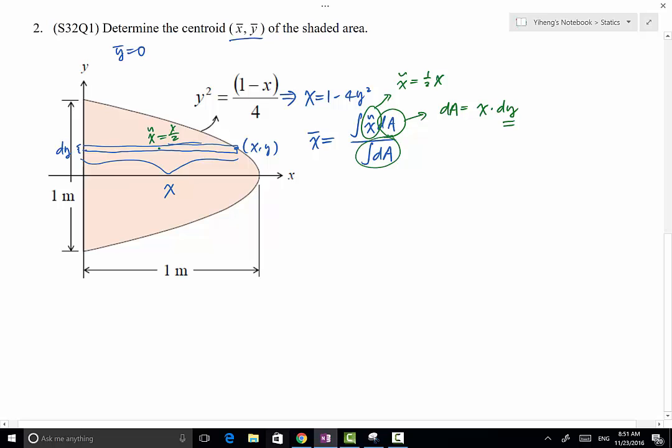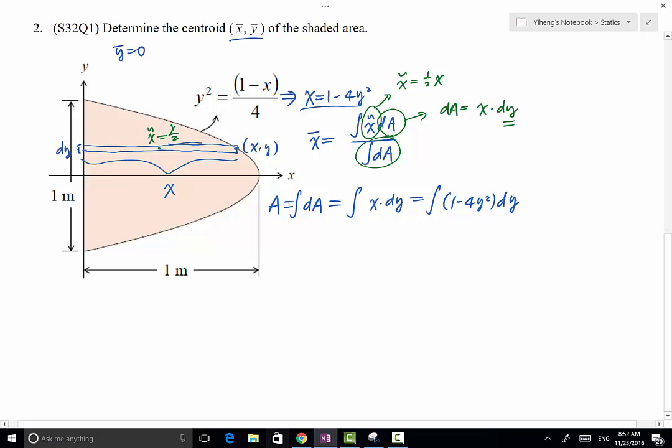Because we need to integrate the total area, let's do that first. The integration of dA, which equals the total area of this shape, equals the integration of x times dy. Remember I evaluate x expressed in y, so x equals 1 minus 4y squared, dy.